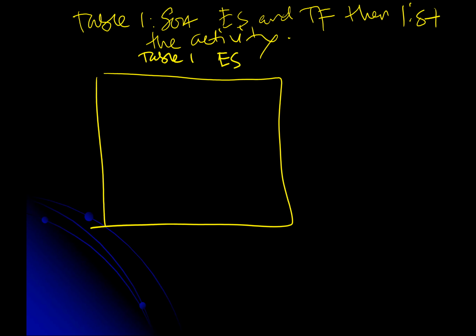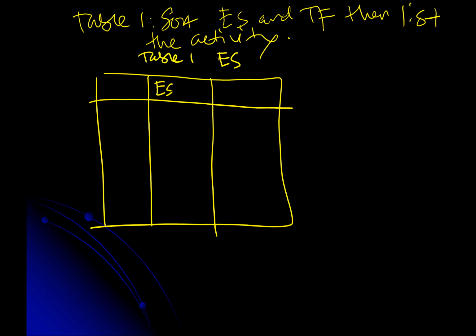First thing, normally in a table, you need to have 3 columns. First thing first, early start date. So you put the earliest date first.